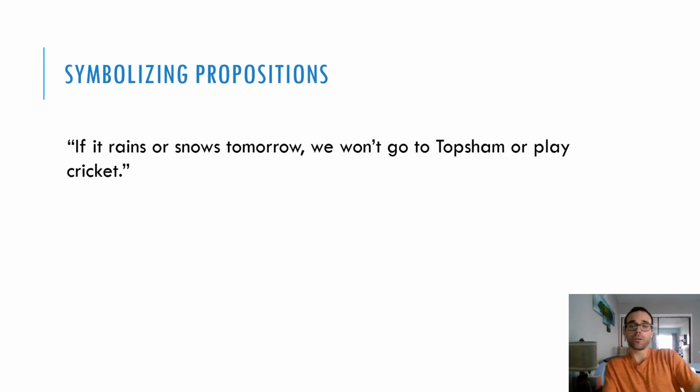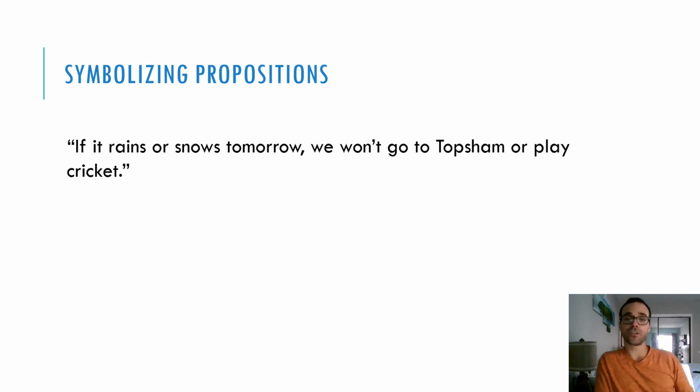So, doing a little bit of exercise here, if I were to give you the complex proposition, if it rains or snows tomorrow, we won't go to Topsham or play cricket. The goal would be to symbolize this, breaking each section up into as many simple propositions as we can, and then connect those simple propositions using one of the 5 connectors or one of the 5 symbols that we just learned.